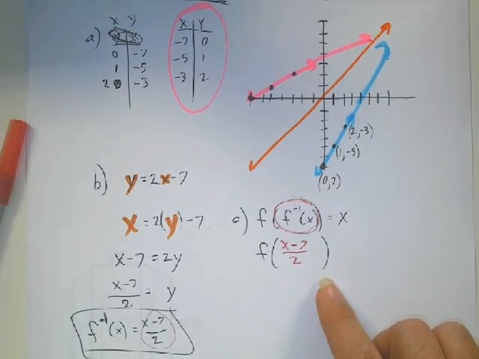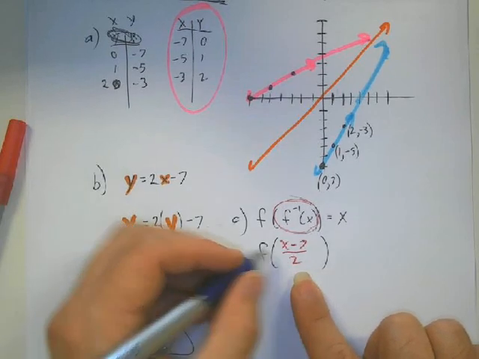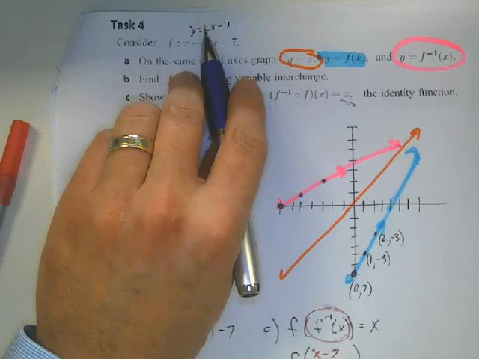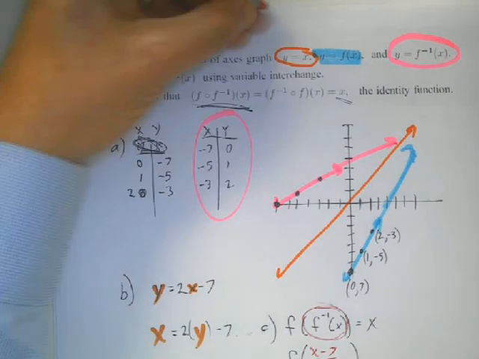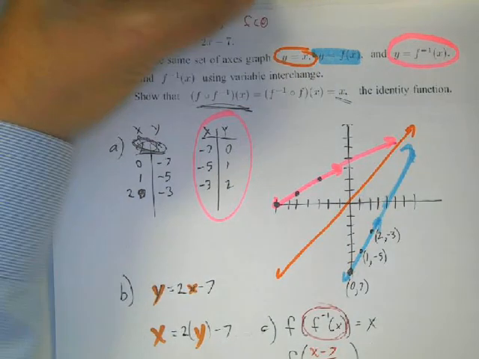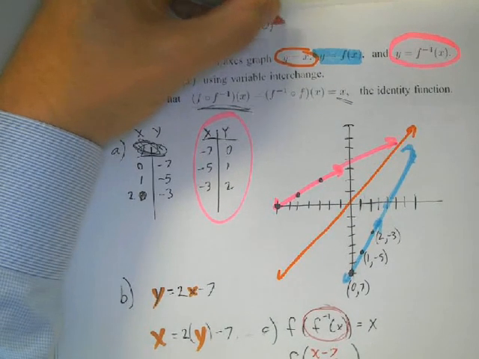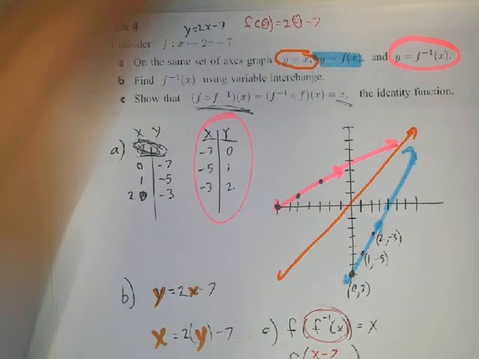Okay? And now I'm going to replace that. My original function is 2x minus 7. Think of that as f of happy face equals 2 happy face minus 7, right?